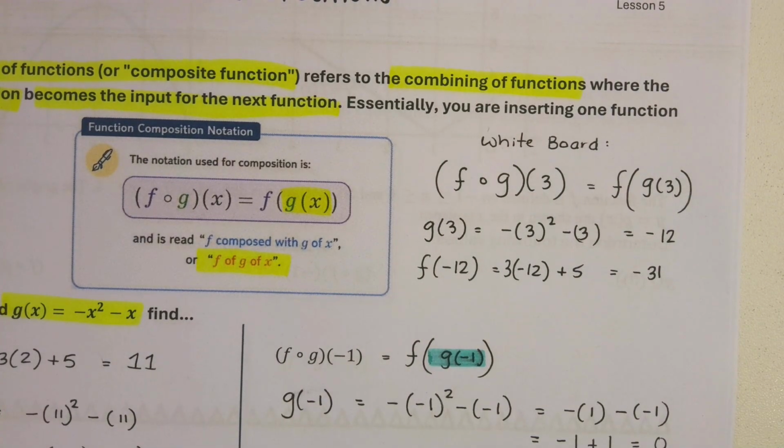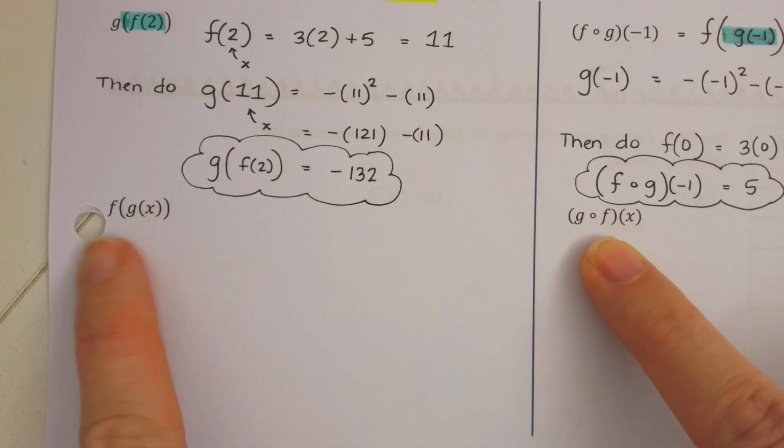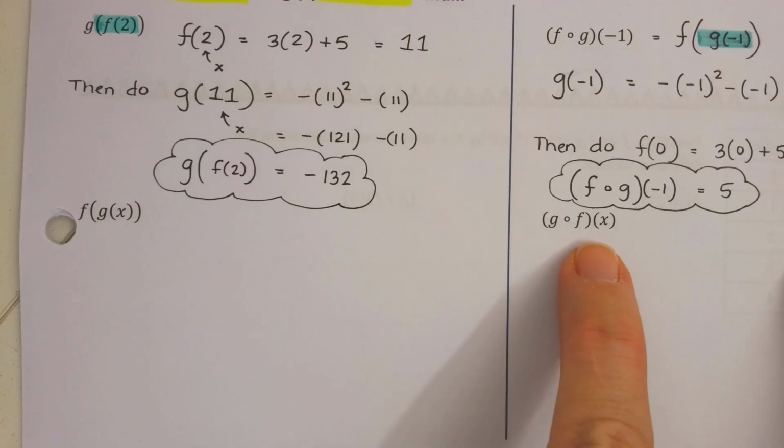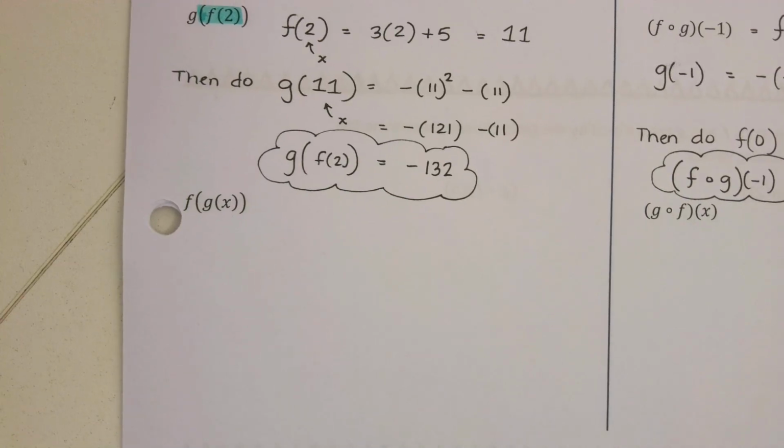All right, bottom questions. Notice they don't give us a number on these two bottom questions. They just say f of g of x, and then this one says g of f of x. If they don't give you a number to plug in, you are literally just plugging the function into the other function, like the actual equation part of the function.